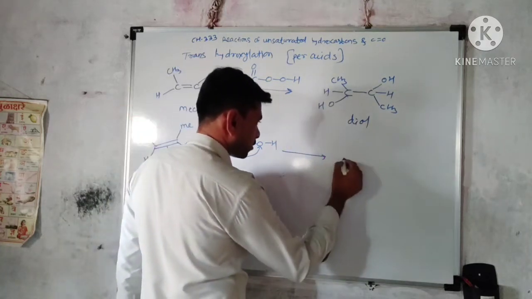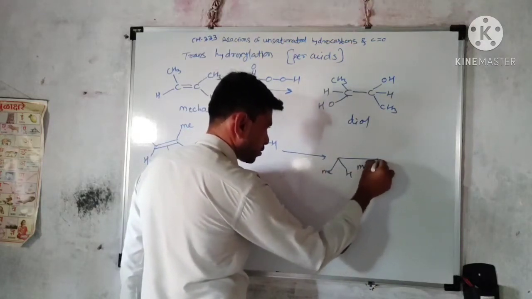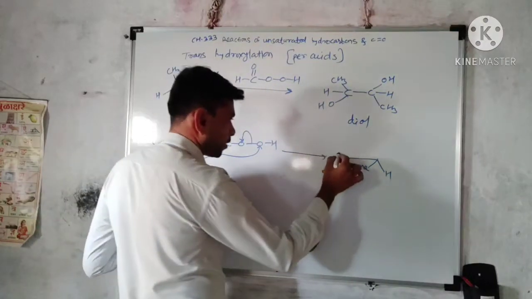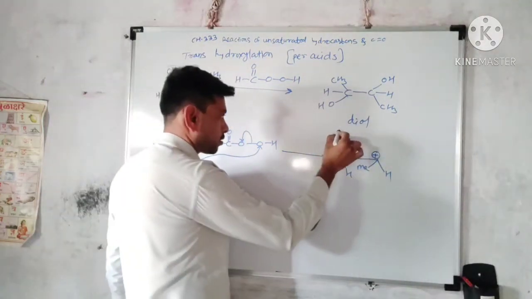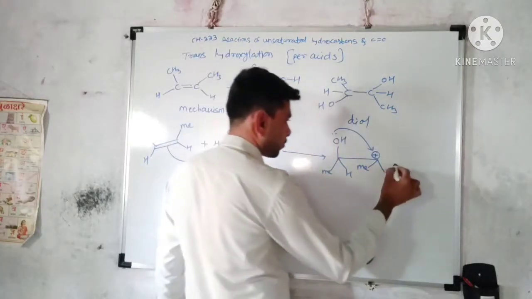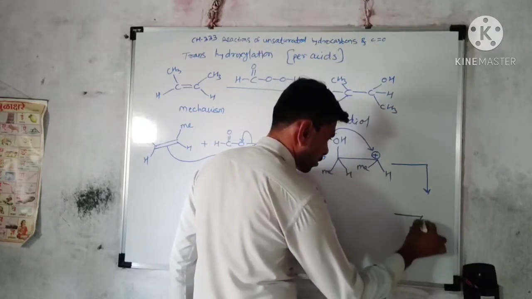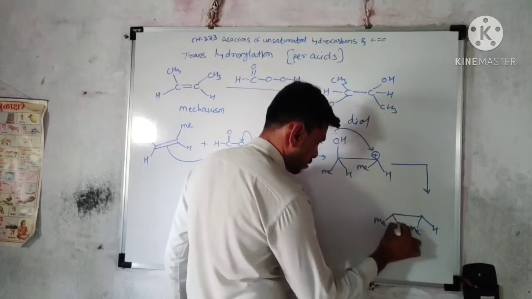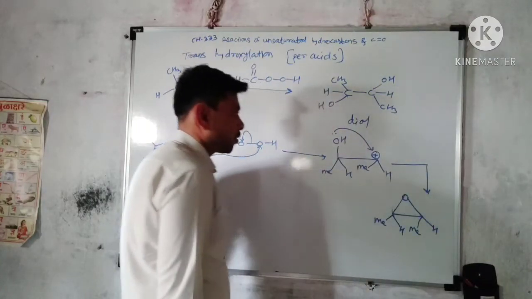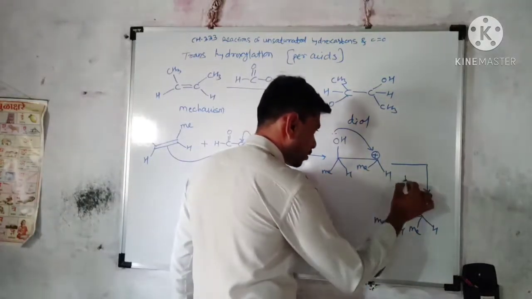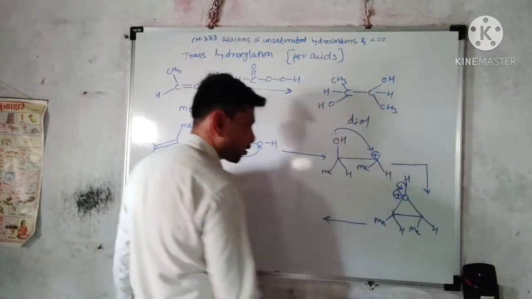So here in this case this methyl group, this hydrogen, and now this OH is there with positive charge. Epoxide formation takes place.